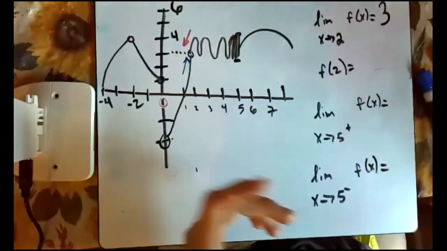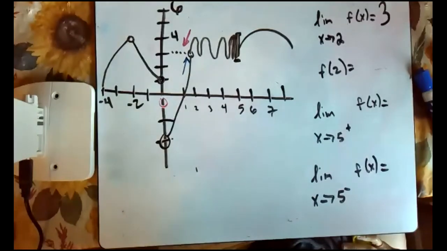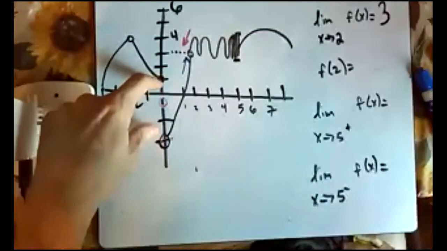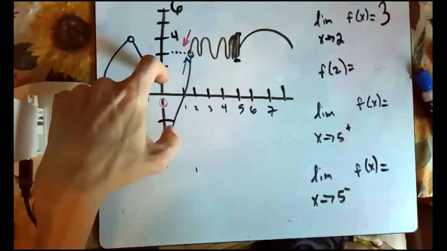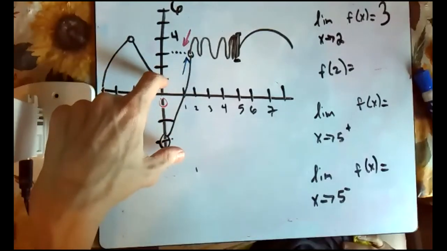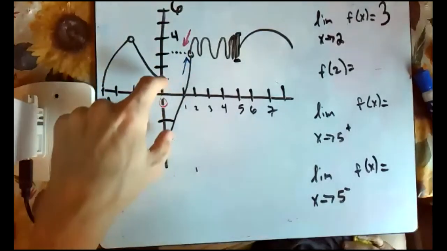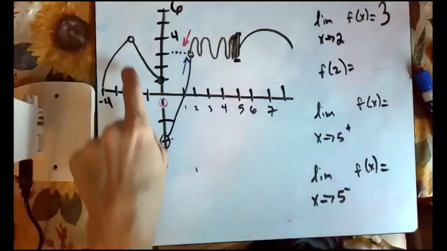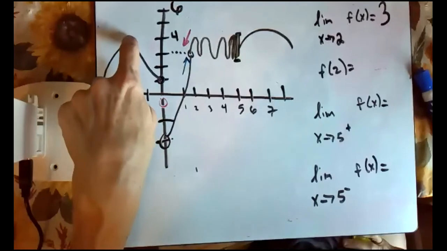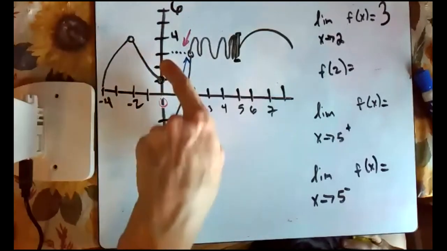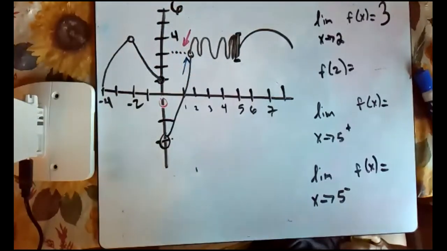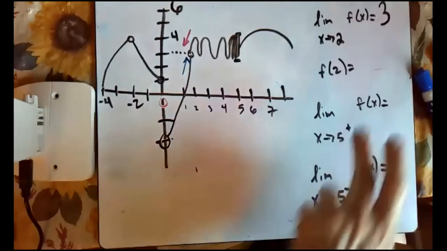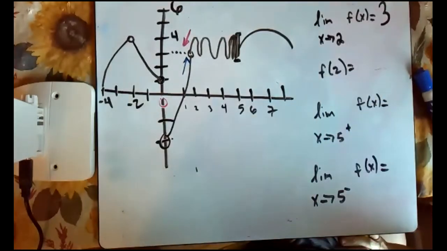If for some reason they were approaching different y values, like right here, remember, as x approached 0, they were approaching different y values from the left and right-hand side. The limit would not exist in that case. Remember, at -2, the limit did exist because they were approaching the same y value from the left side and the right side. Same concept.